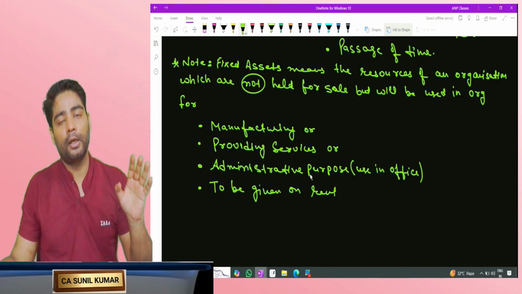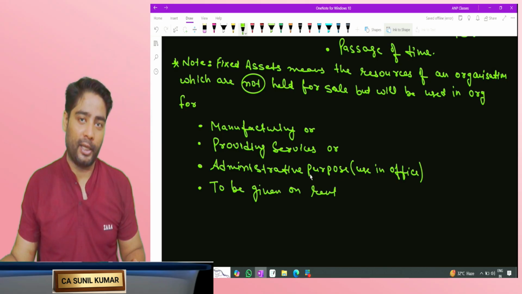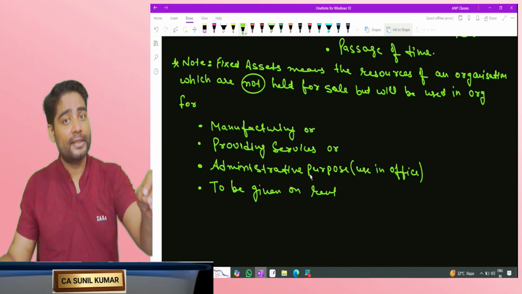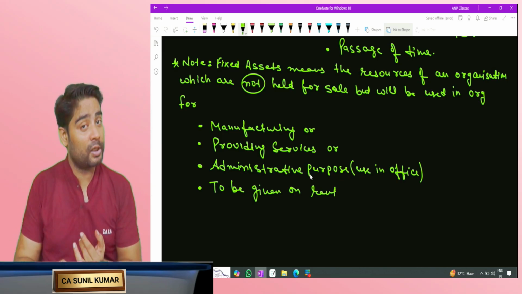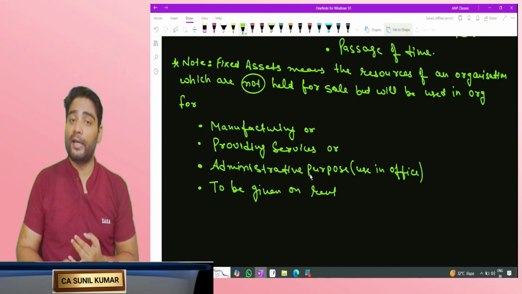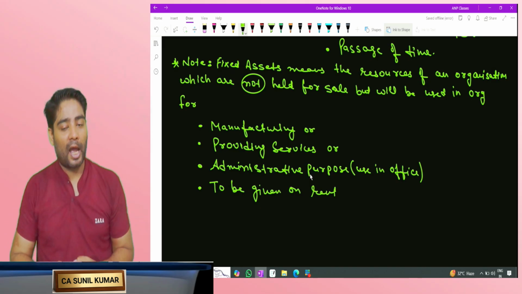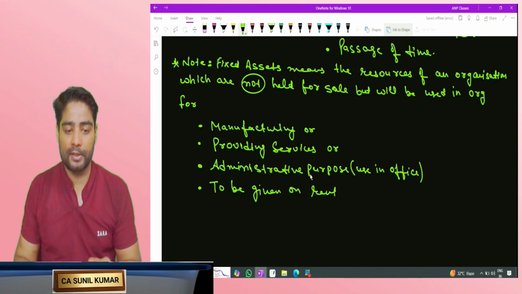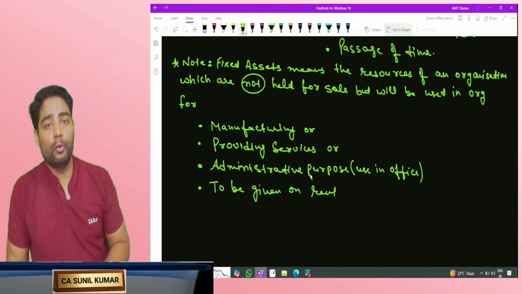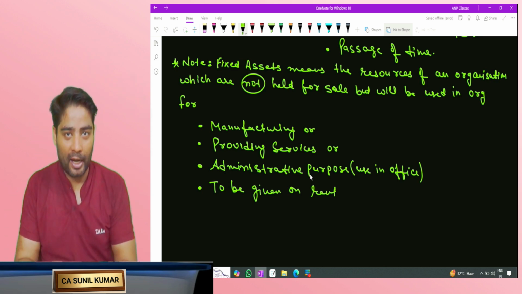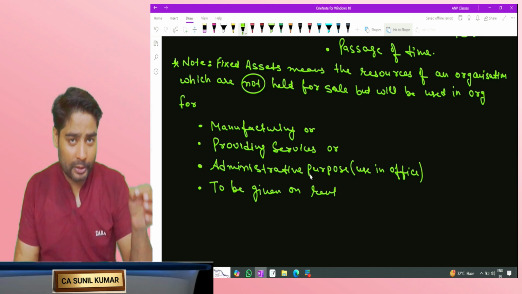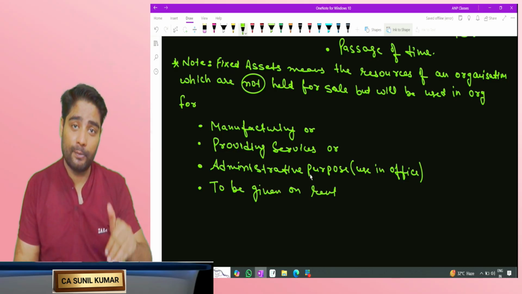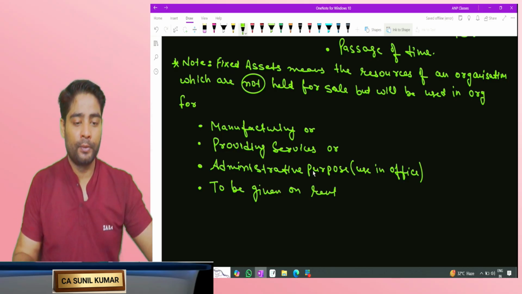So if I purchase that car but I'm not using it for manufacturing, not for providing services myself, not for my administrative purposes, but I'm renting it out and earning income, then those 10 cars will be my fixed asset.